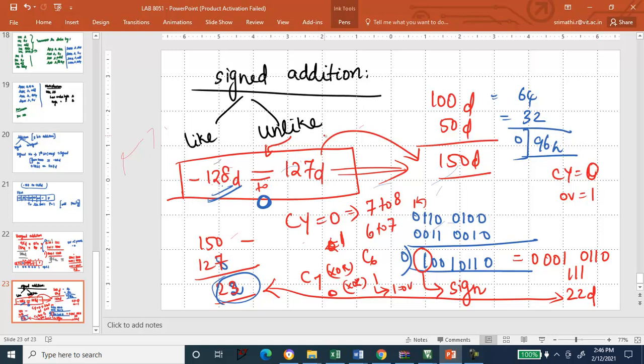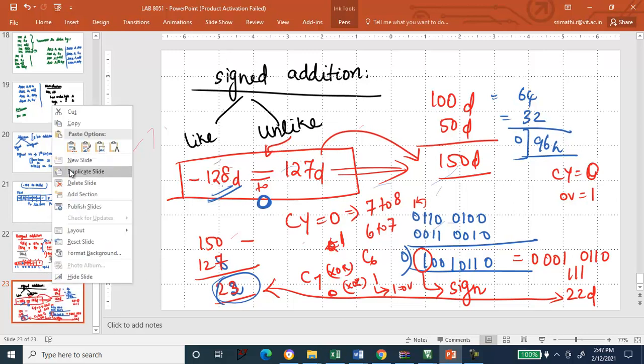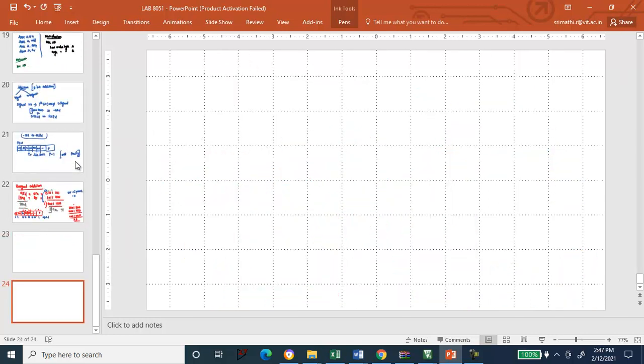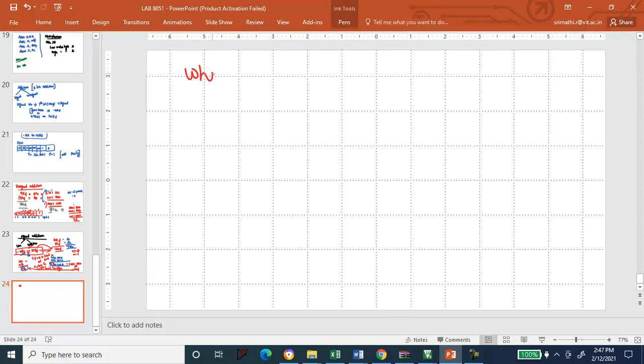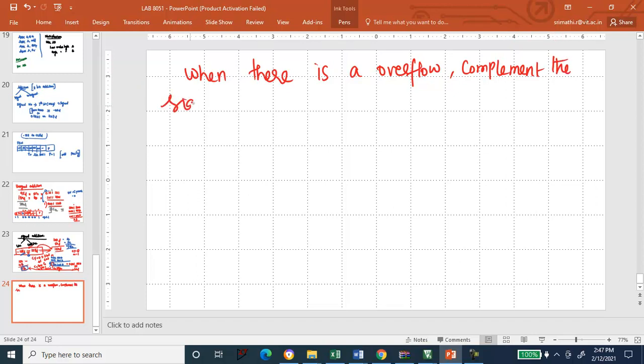When there is an overflow, to get the correct result, what the user has to do is complement the sign.